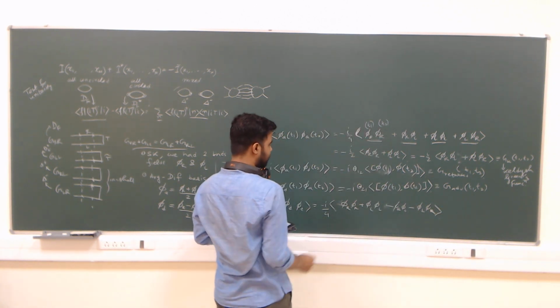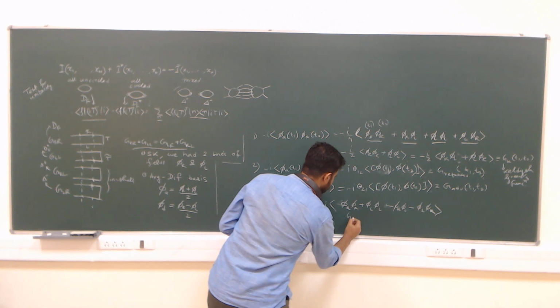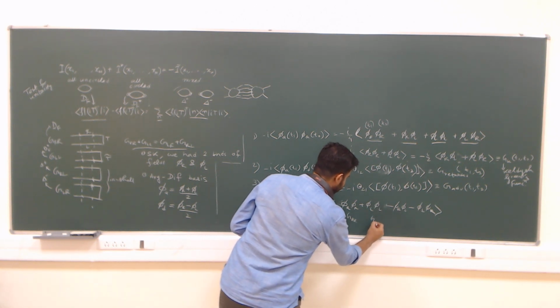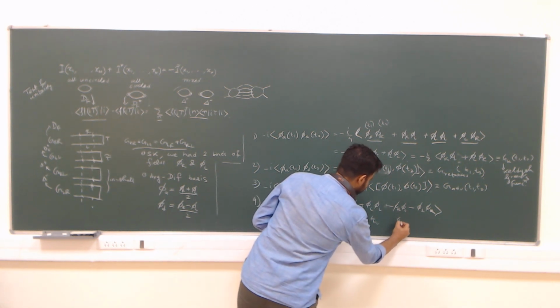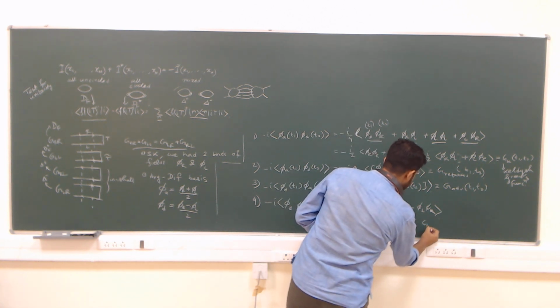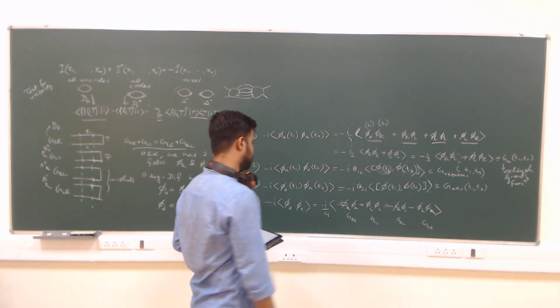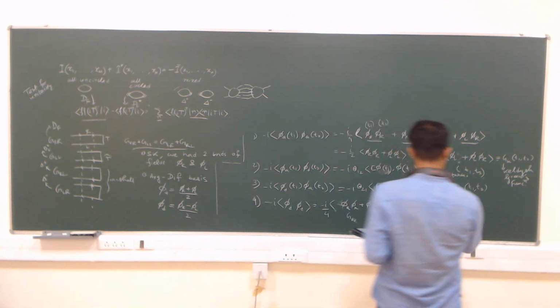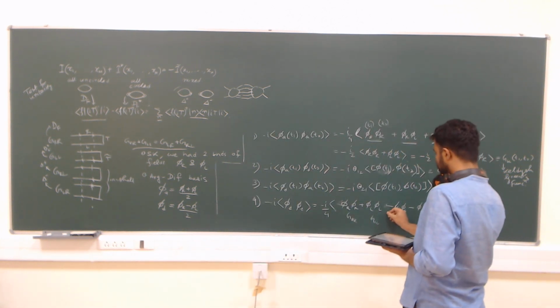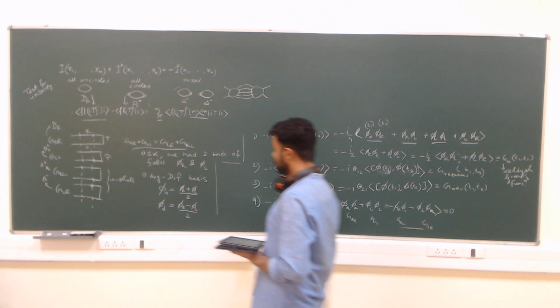Now using a similar notation, this is G_RR, G_LL, G_RL, G_LR. So this in fact will be 0, because there are minus signs with these two.